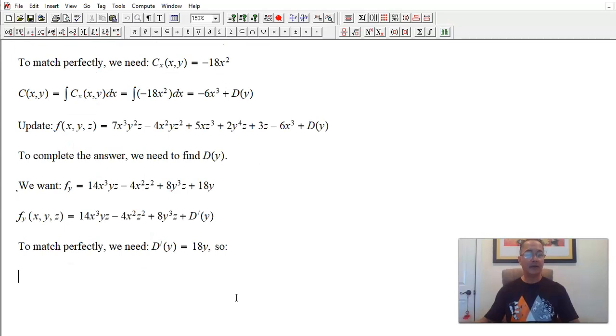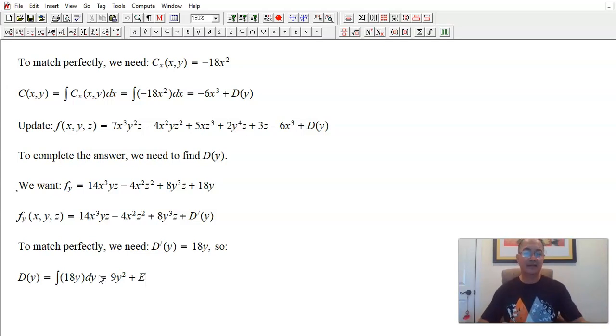So who is our d of y? D of y is the antiderivative for 18y dy. Of course over 2, so that gives us 9y squared, plus what's the next letter?